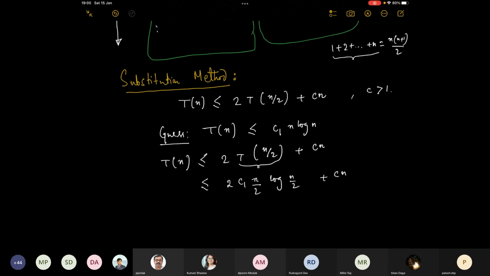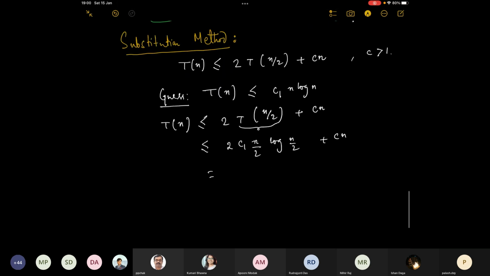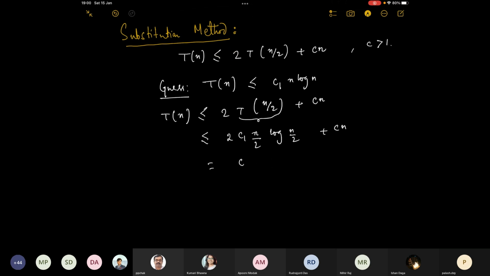This is equal to C1 n log n minus C1 n log 2 plus Cn.